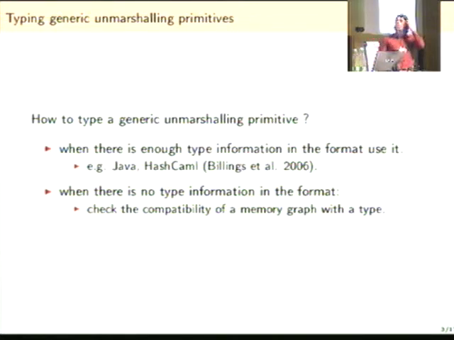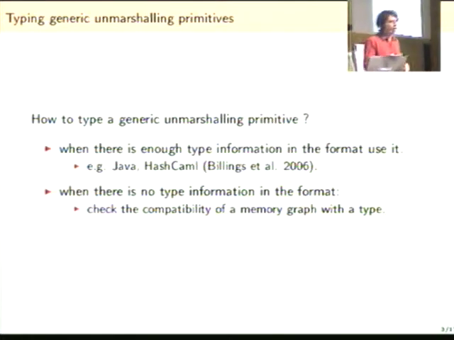The second situation, the one I will specifically talk about today, is when there is no type information in the runtime representation of data, and we have no other source than to fully explore the graph to check the compatibility of the data.